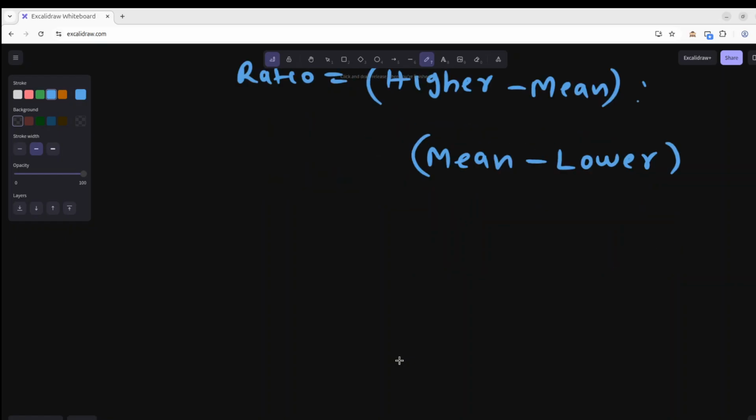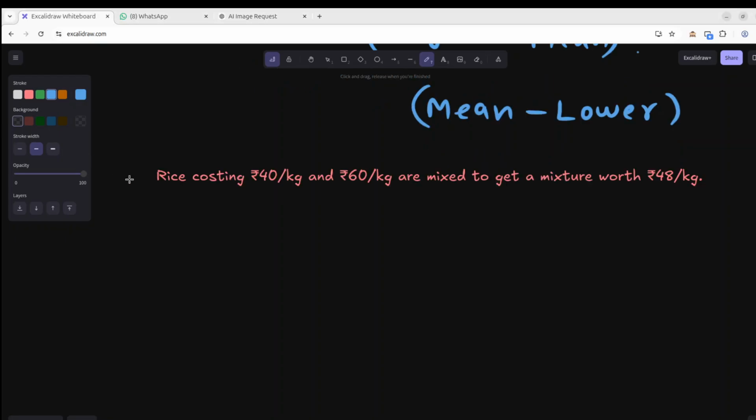For example, let us consider an example. Look at this question. Rice costing 40 and 60 are mixed to get a mixture worth 48. So we need to find the ratio. So we are going to use this alligation rule, and we have two different priced rice.